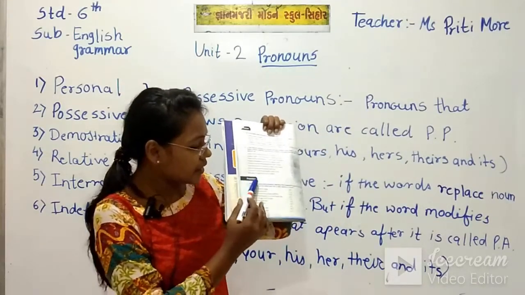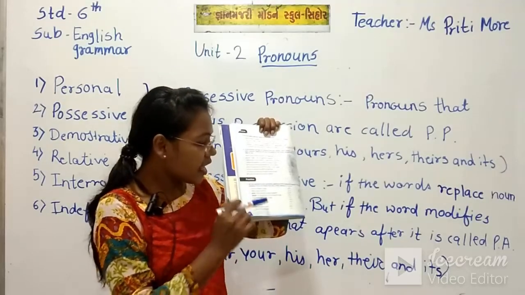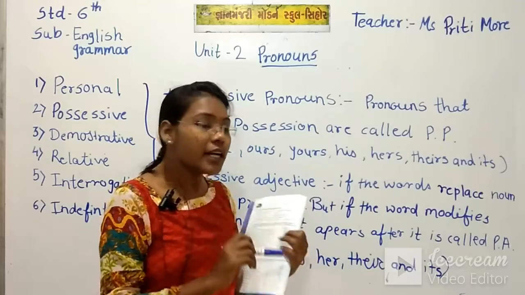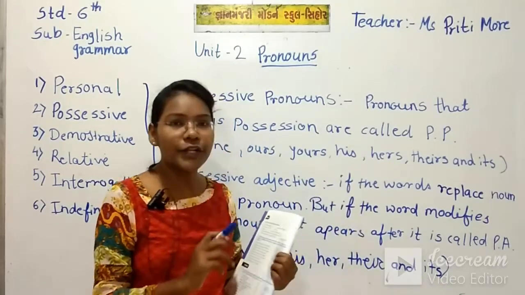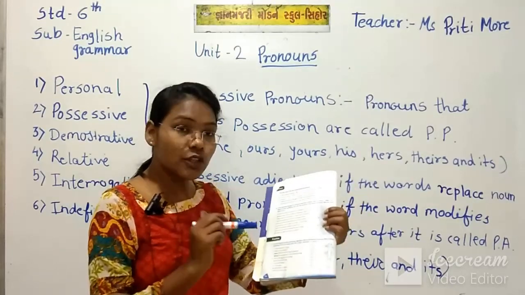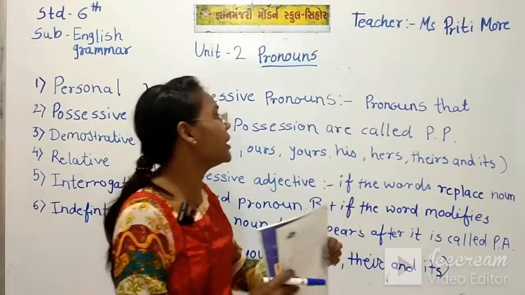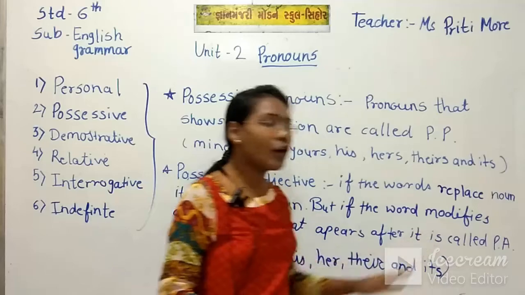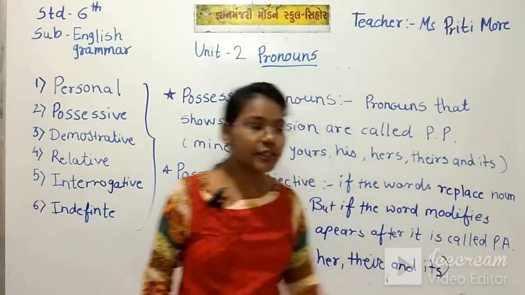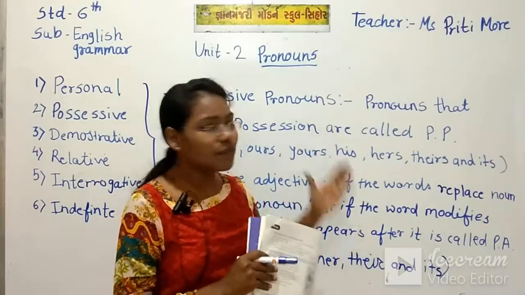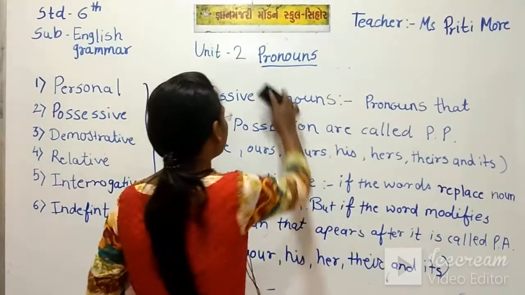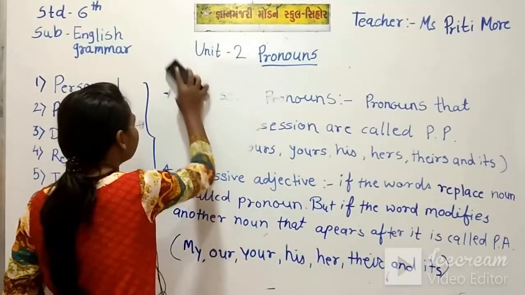See, in practice exercise A, there are some sentences given and the words are underlined. According to the underlined word, you have to identify whether it is a possessive pronoun or a possessive adjective. So let's see one sentence with the answer.